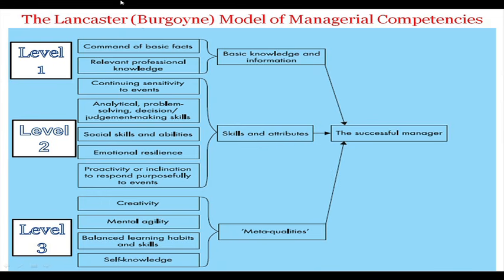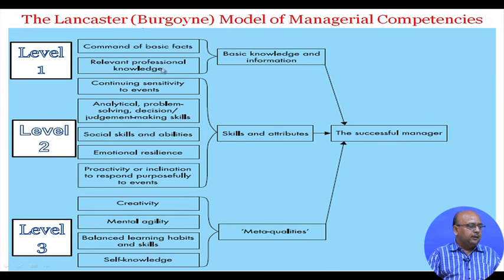Now, moving on, we will look at one of the models of managerial competencies at 3 different levels. You can see 3 things: the knowledge part, at the second level the skill part, and at the third level the attitude or behavior part, the qualitative aspects, which lead to the effectiveness and successfulness of a manager. If you look at the knowledge part, what kind of things do you require? Your knowledge, your sensitivity, your ability to solve problems and these kinds of things.